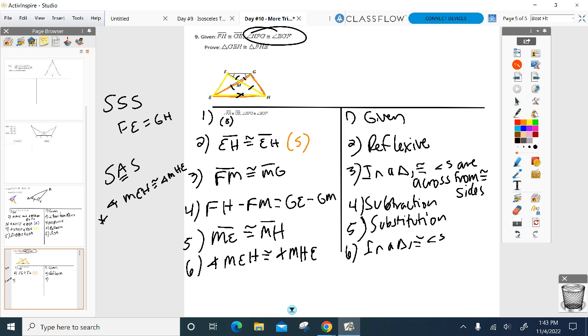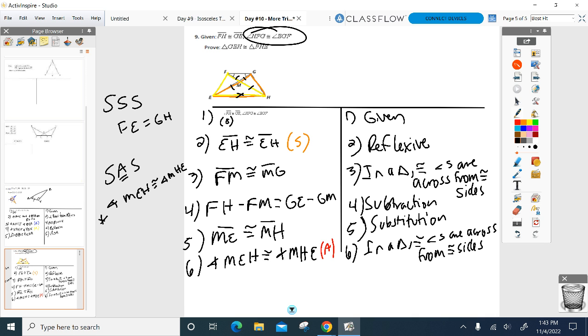Congruent angles are across from congruent sides. And now we have the angle we needed to say side angle side. Are we okay on that, how to get it that way?